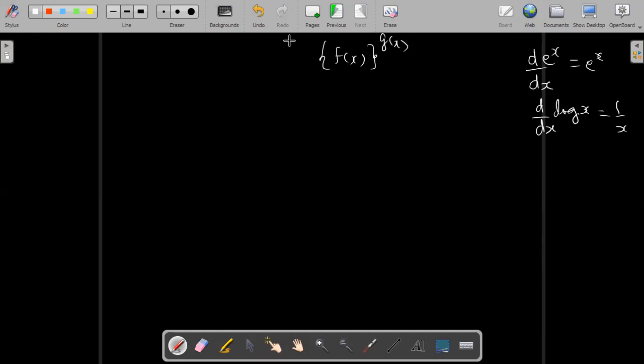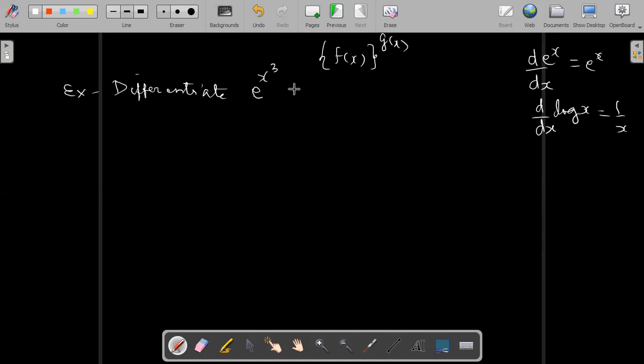So I'll take one example. Differentiate e to the power x cube.